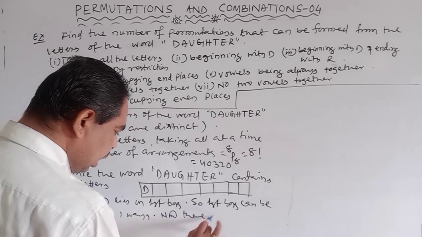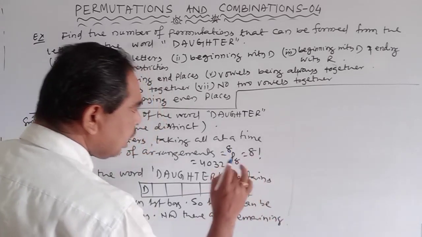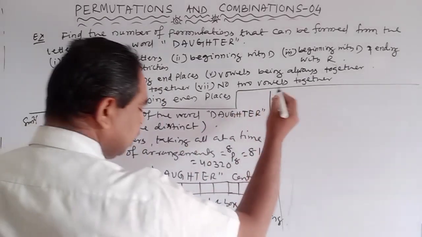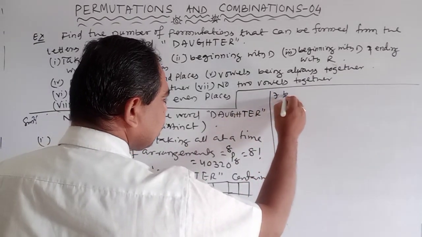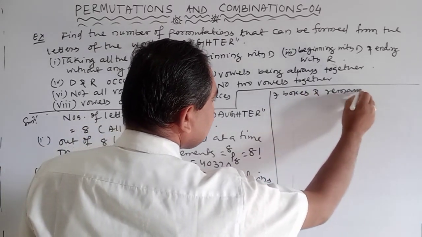Now there are remaining 7 boxes and remaining 7 letters.